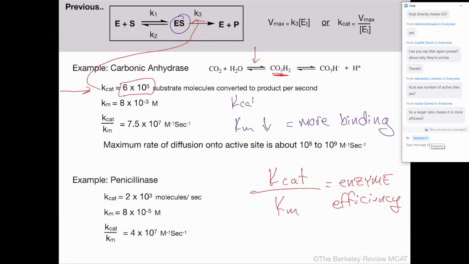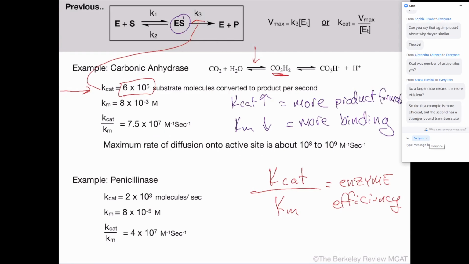If Kcat is big, equals more product formation. Okay? And so that ratio will give you this enzyme efficiency. Right? You need both of those to be efficient, because you can't form a product if you don't have an enzyme substrate complex. So they actually need to bind and stick to each other long enough that it can do the chemical reaction.